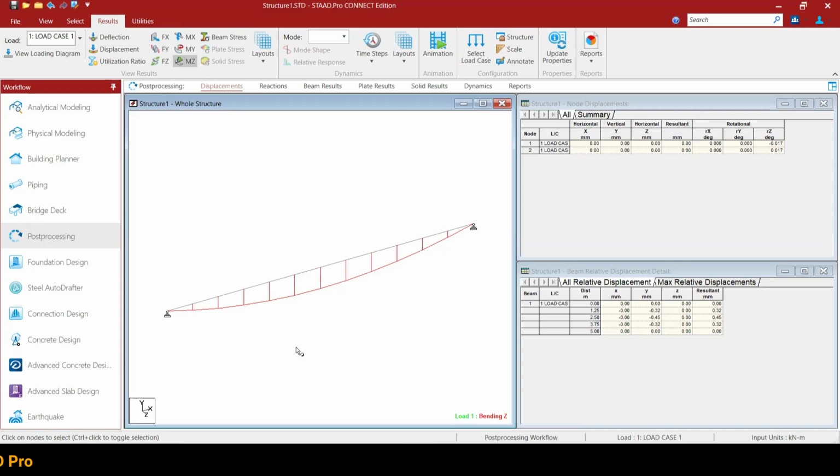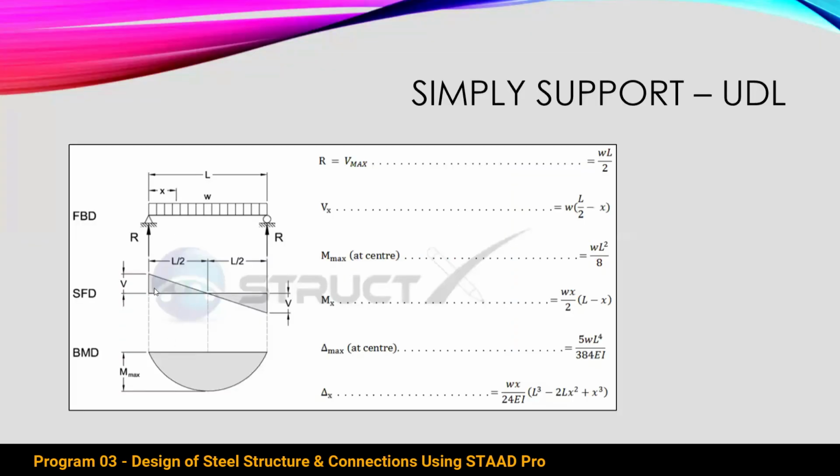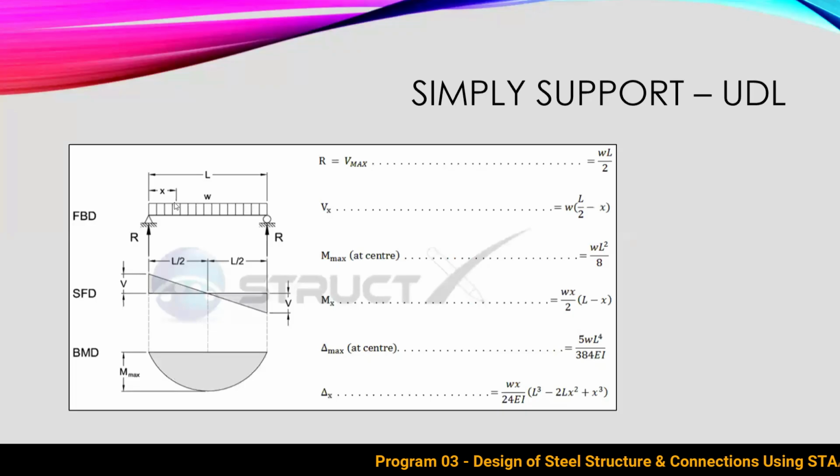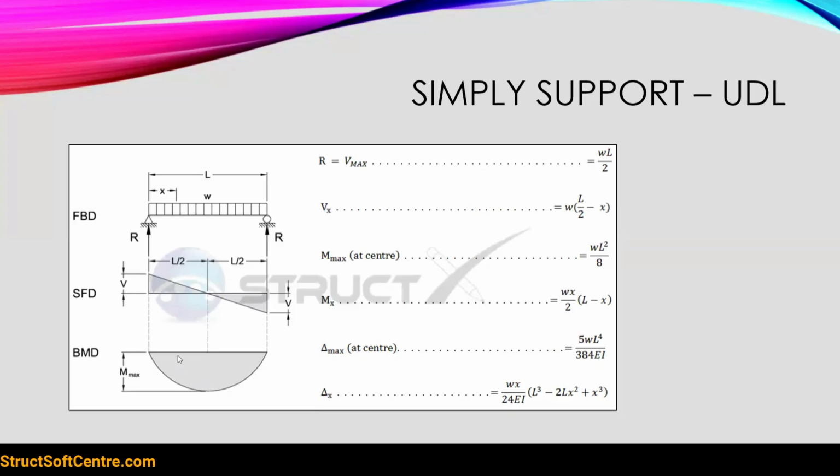Okay, so what I showed you today is just the diagram, and we validated the diagram. This is the modeling what we did, the free body diagram. Also shear force diagram, we only saw the diagram. It is also the same shape. Bending moment diagram, we saw it is the same shape.